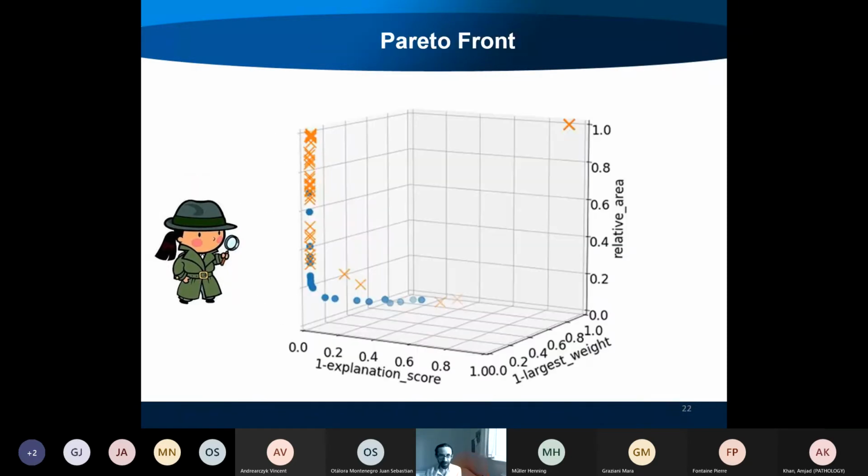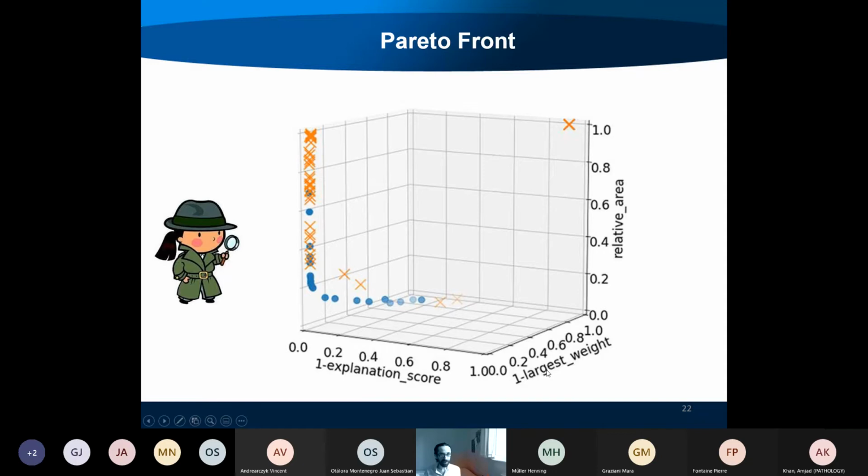Here I just put an example. I guess I misplaced this slide, just to show what a Pareto Front is. So this is from the EvEx paper. If you generate a bunch of explanations, each symbol here in this plot is an explanation, evaluated according to three metrics. The first one is the explanation score. In Lime, the explanation score is the R² of the linear regression used to do that surrogate model.